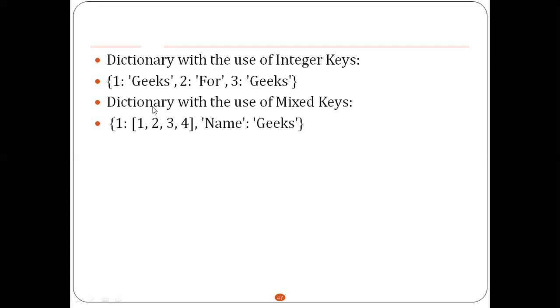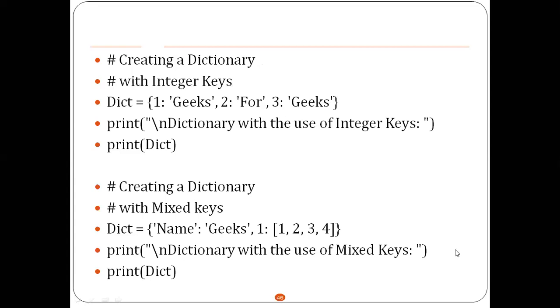One pair of key and value is displayed here, and this one is the second pair of key and value. Like this, you can combine any keys: integer with string, string with integer, string and string, or integer and integer. That is how you can create a dictionary of mixed keys.